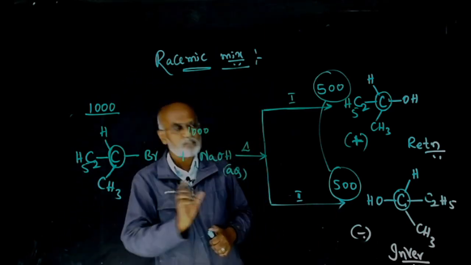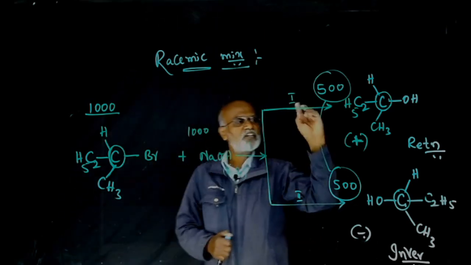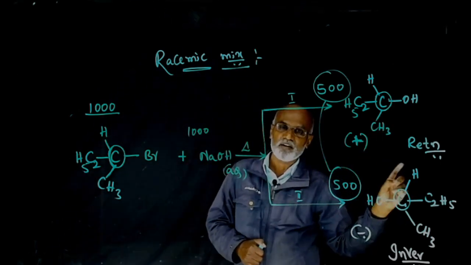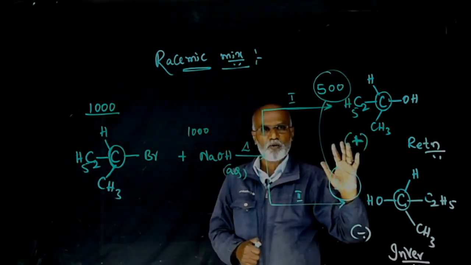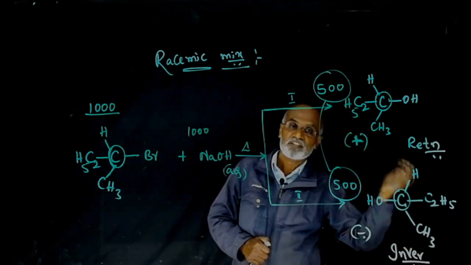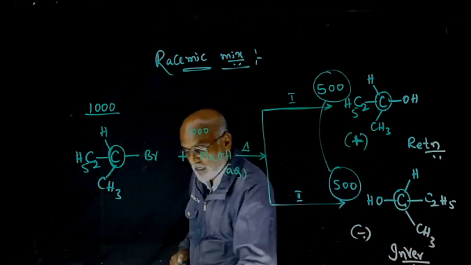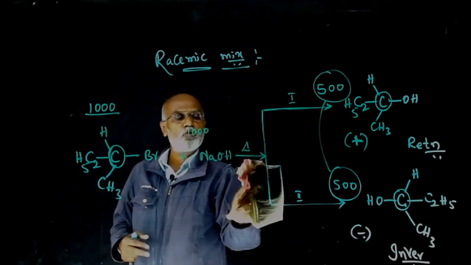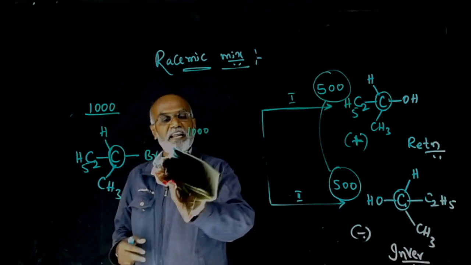The meaning of external compensation is that the rotation caused by one isomer is compensated by the other isomer. One more molecule of the other isomer is responsible to make the angle of rotation 0 and to make the mixture optically inactive.